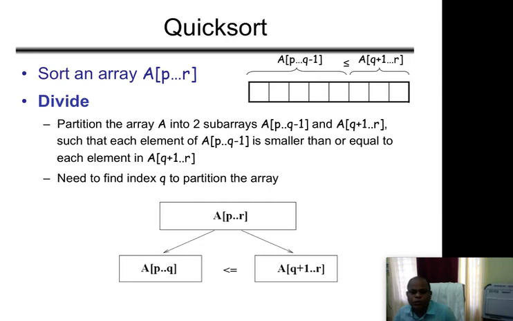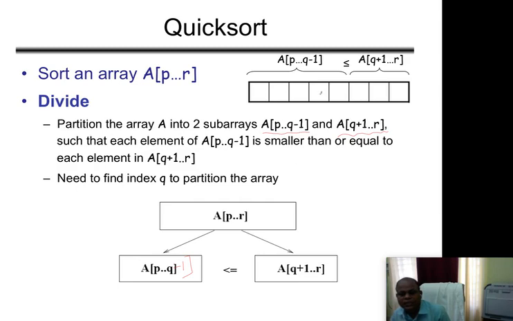That means if you are given an array A, we will partition it into two sub-arrays, A p to q minus 1 and A q plus 1 to r. Now what is happening?